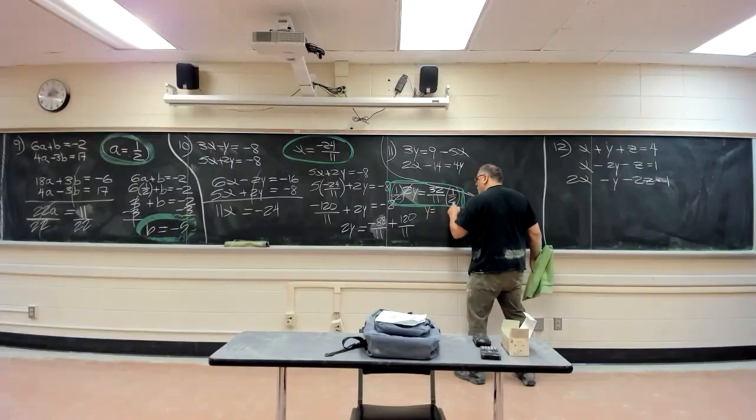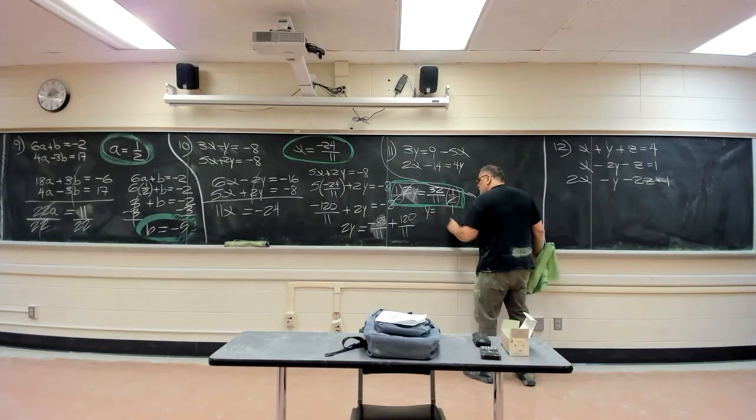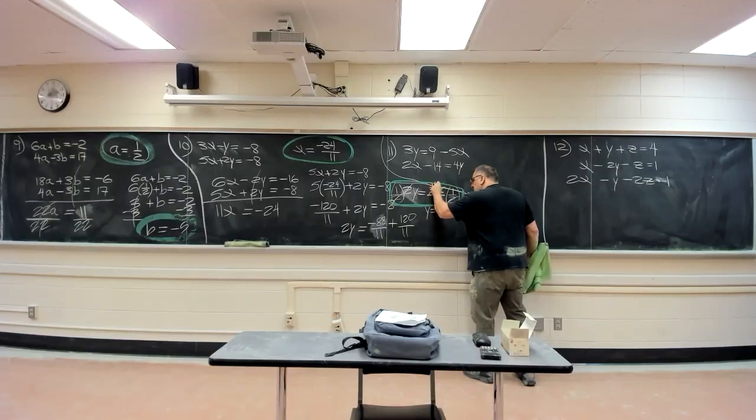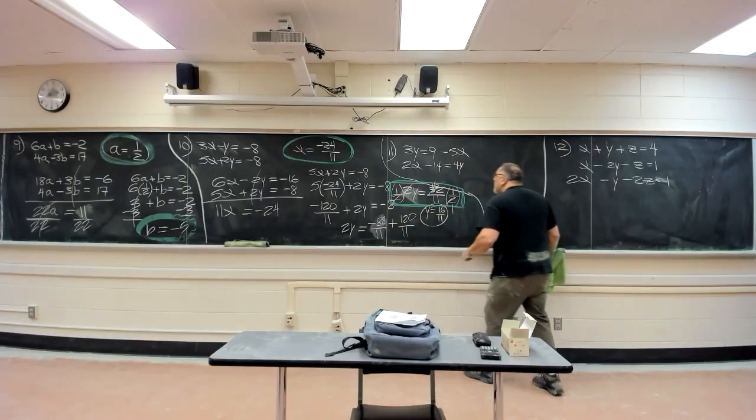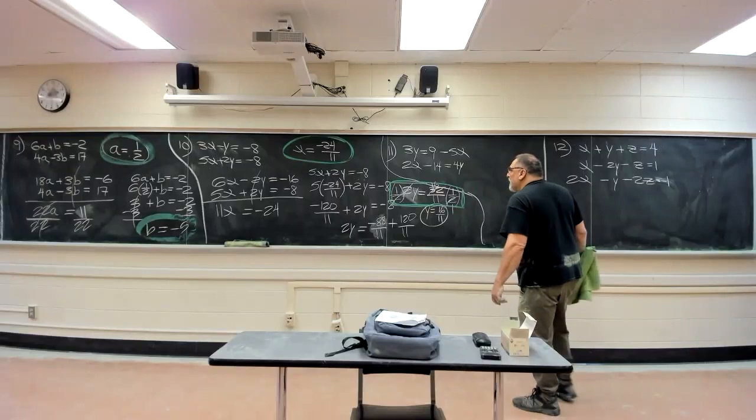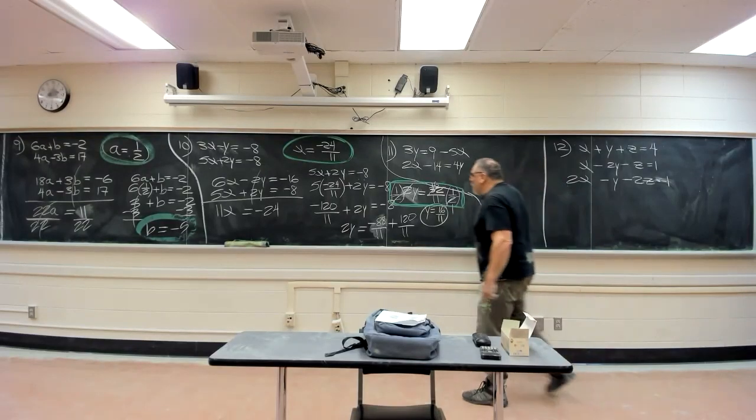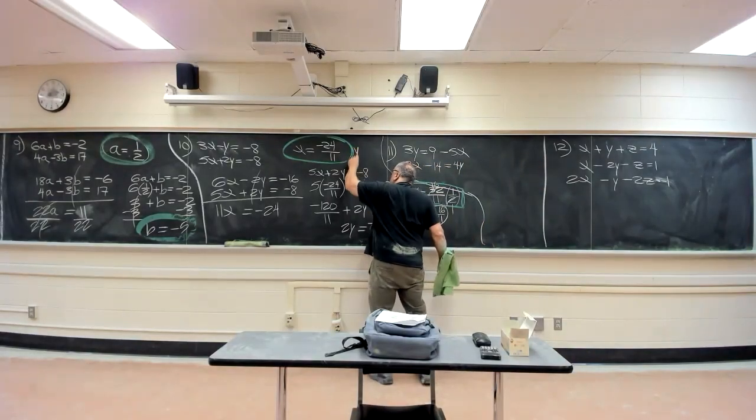You get y equals a half right here. The 2 goes into 32 16 times, 16 over 11. So that's pretty neat. y equals 16 over 11.